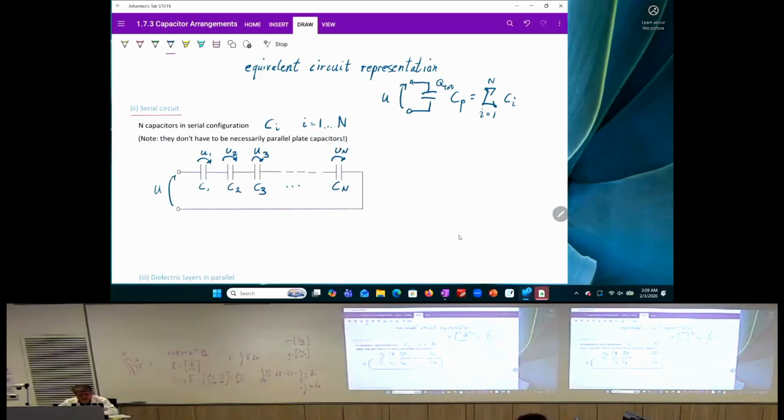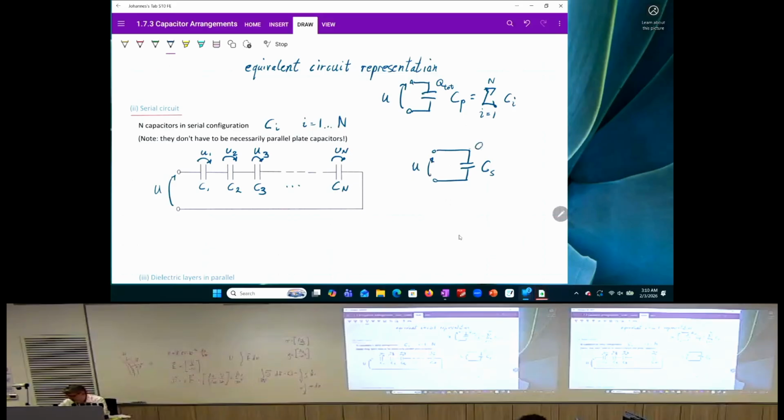Now, you would like to have a new equivalent circuit where you do just what we had done in the previous example, where you replace all of these capacitances with a single capacitance, which gives us an equivalent behavior, which means its overall capacitance is the same as that of all these capacitances switched in series.